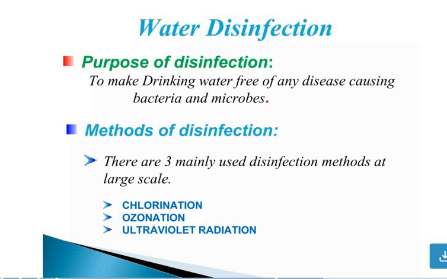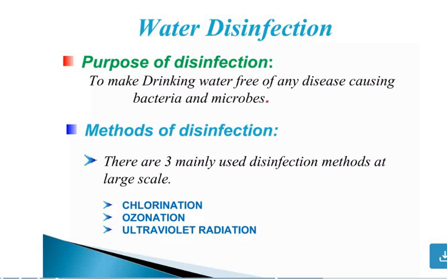So water disinfection. Purpose of disinfection: to make drinking water free of any disease-causing bacteria and microbes. Methods of disinfection. There are three mainly used disinfection methods on a large scale. First, chlorination. Second, ozonation. And third, ultraviolet radiation.